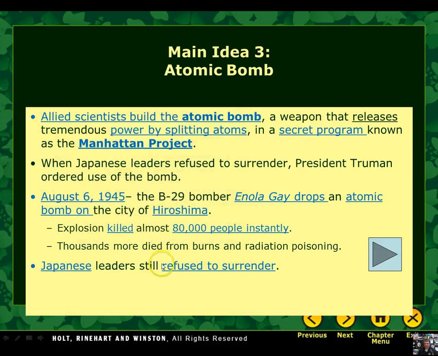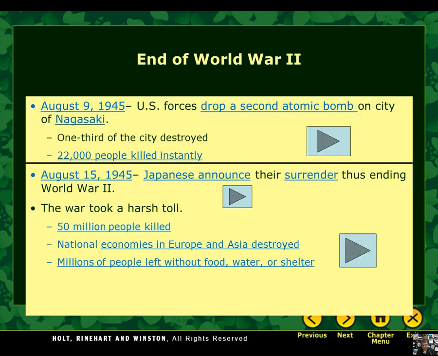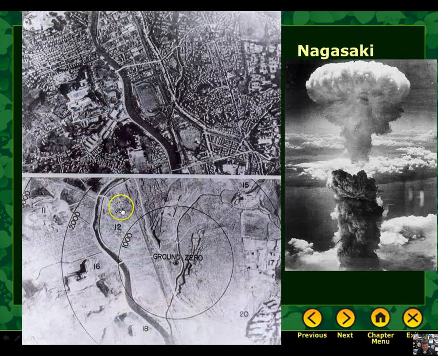So after the atomic bomb was dropped on Hiroshima, the Japanese refused to surrender. So a few days later, President Truman authorized the dropping of a second atomic bomb on the city of Nagasaki. One third of the city is destroyed, 22,000 people killed instantly. Here's what it looked like.